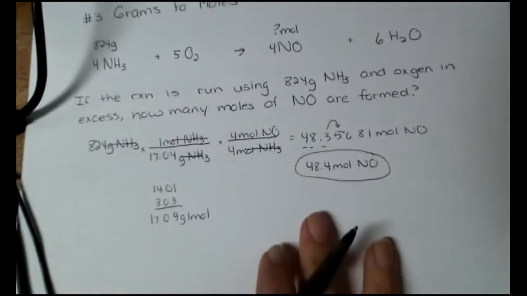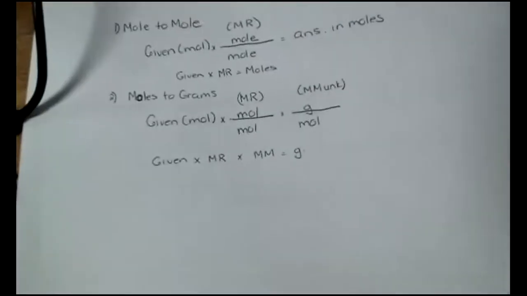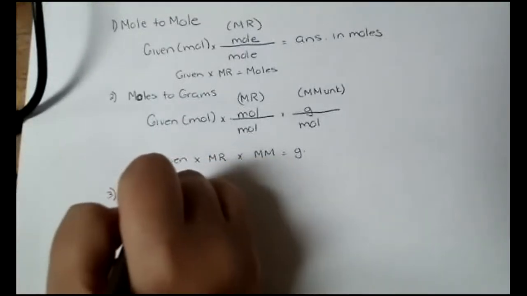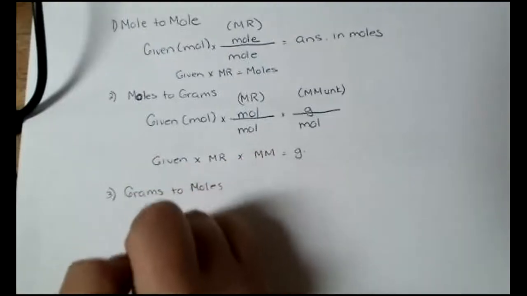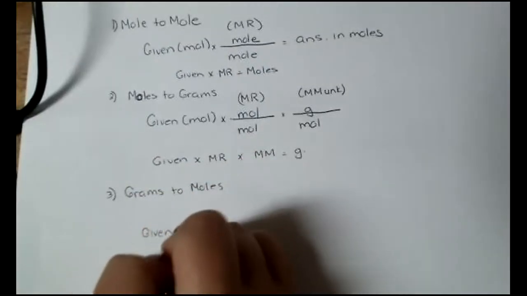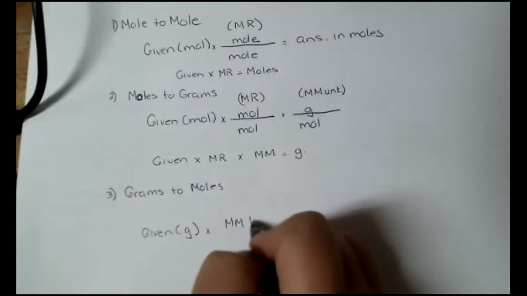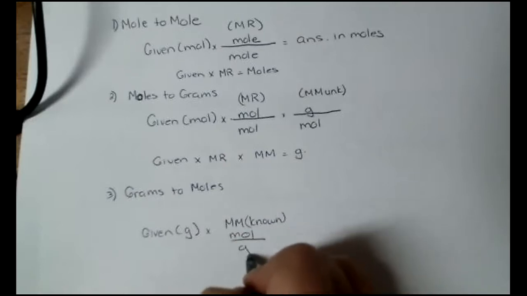Okay, so before when we were doing those skeletons, it looks like this. Now we're just going backwards. So on the third one, when we're going from grams to moles, this time our given is given to us in grams. So we have to do the molar mass of the known, so that would be mole over gram.